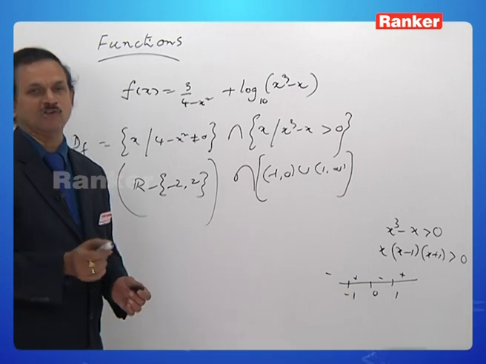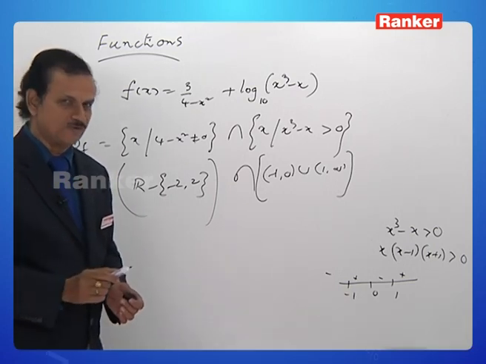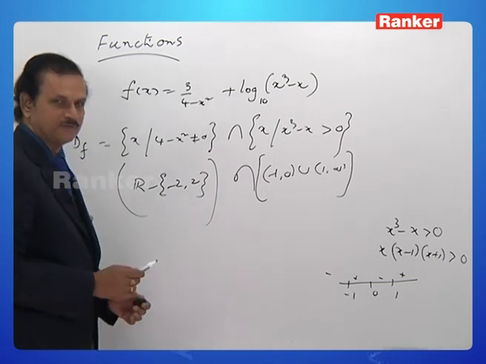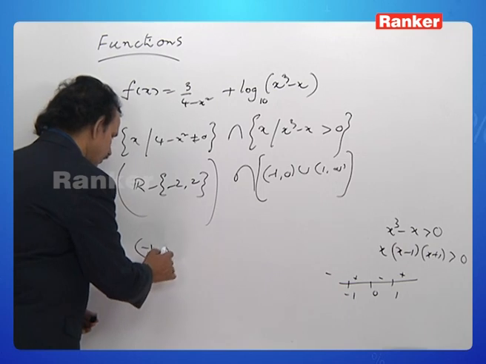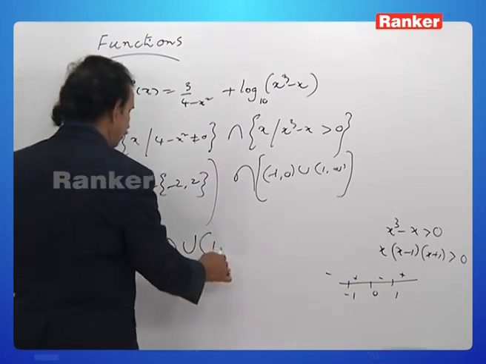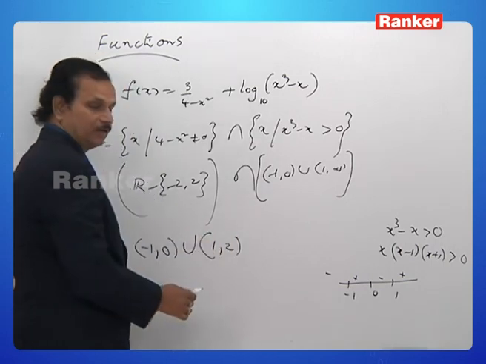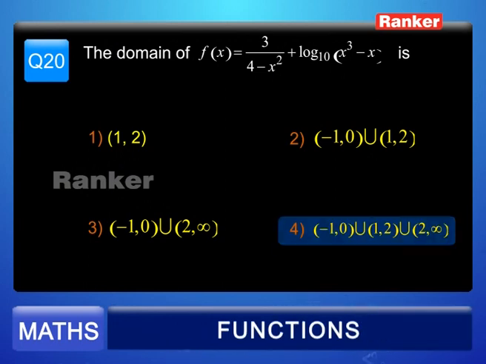There minus 2 is already omitted and 2 is also omitted in the union of the intervals. Therefore, what is the right option? The fourth option among them, that is minus 1 to 0, union 1 to 2, 2 is not to be taken, union 2 to infinity. So this is the right option. That is, the fourth option is the right option among the four given options.